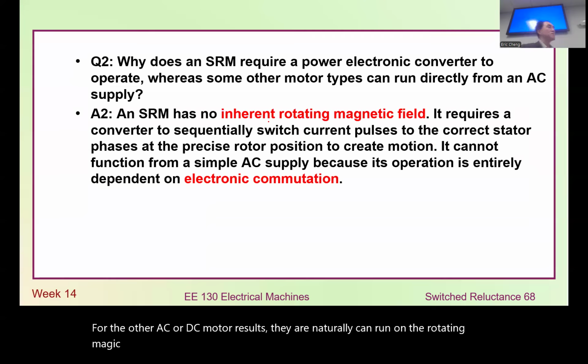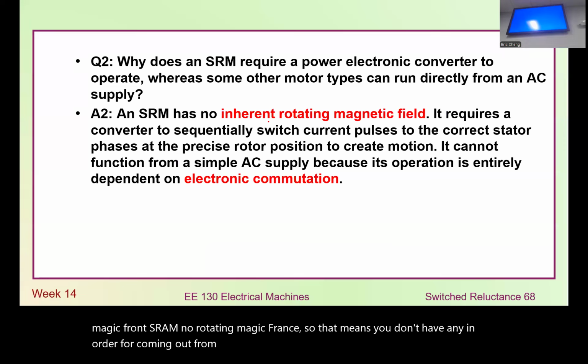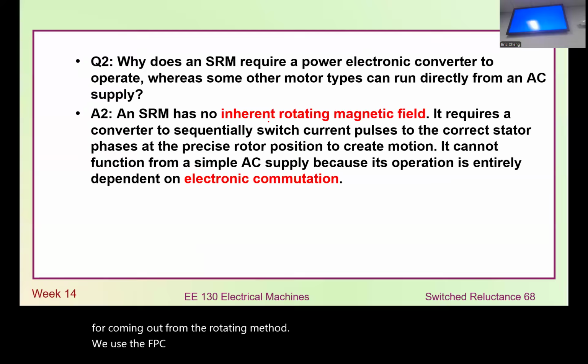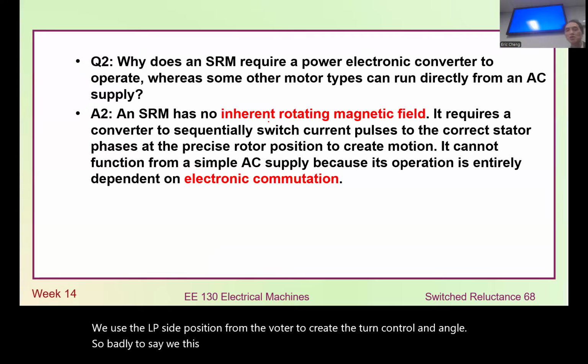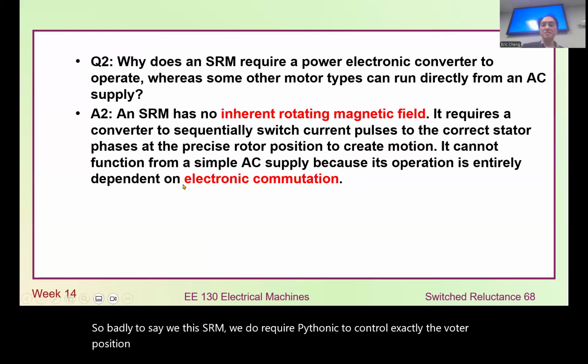The SRM has no rotating magnetic flux, so we don't have any Lorentz force coming from a rotating magnetic flux. We use the precise position of the rotor to create the turn-on angle. So the SRM does require power electronics to control exactly the rotor position and power up the stator. We rely completely on electronic computation.